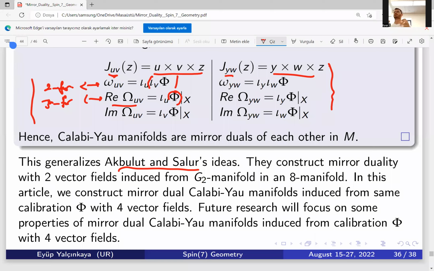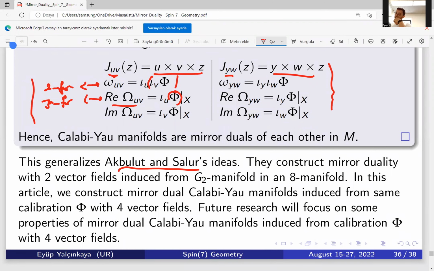I started with two vector fields and wondered whether we can find the mirror dual with 4-dimensional vector fields, and I can find two different Calabi-Yau manifolds. R8 is the simple example, but we can generalize this idea into higher, more complicated examples. I am still studying this theory.